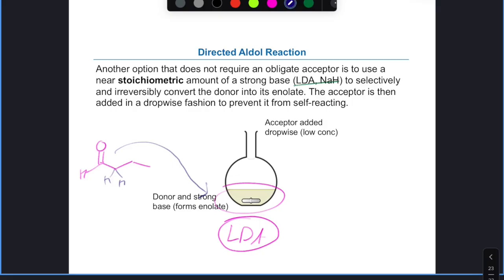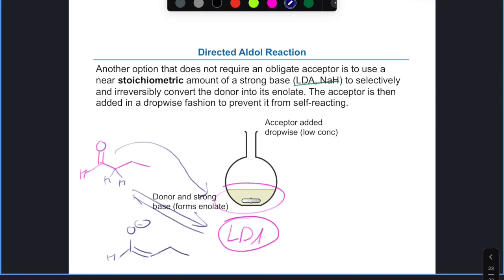There's only ever a little bit of my donor. The second that these two see each other, we make the enolate. We make the lithium enolate of the system from the LDA deprotonation. Again, what I'm doing here is I'm preventing a case where the donor in its aldehyde and its enolate form are ever present at the same time.